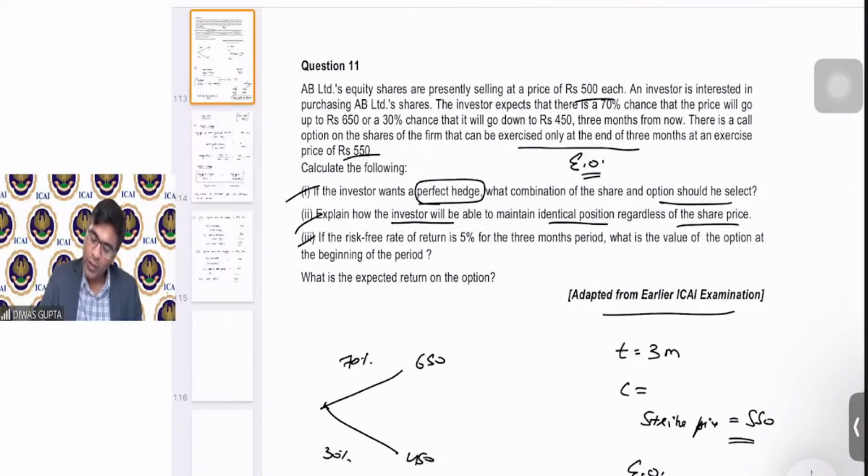If the risk-free rate of return is 5% for the 3 months period, what is the value of the option at the beginning of the period? They're asking us to calculate the value of the option.